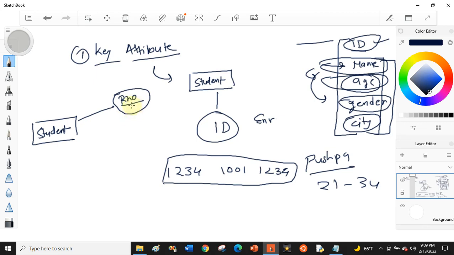So you don't have to repeat this key attribute in a single entity diagram. It means that you can't have two key attributes in a single entity relationship diagram. So be careful and be ready to make an ER diagram with only one key attribute.